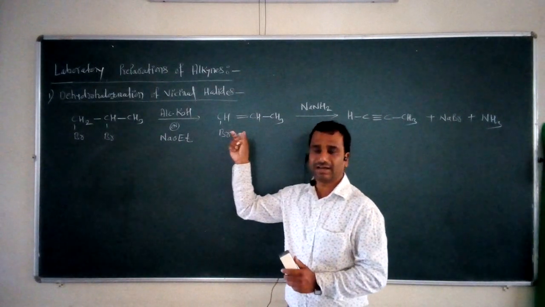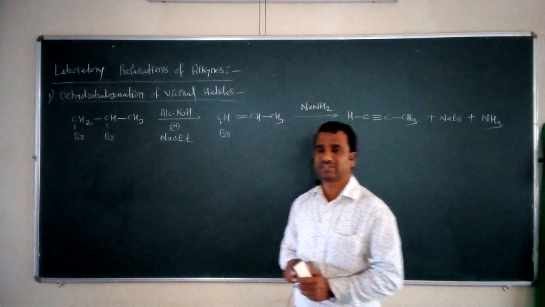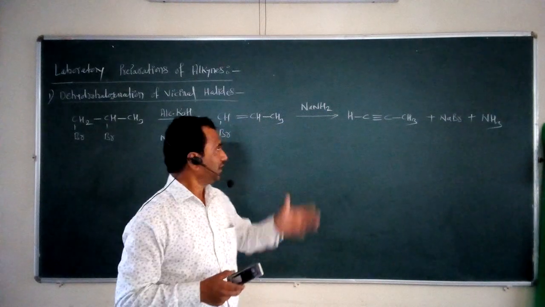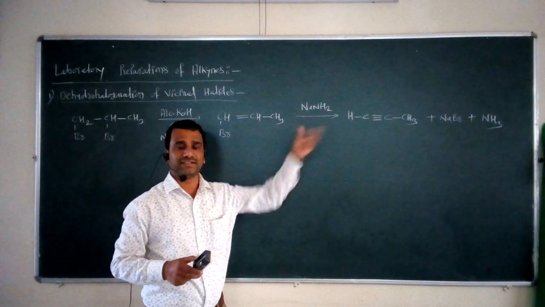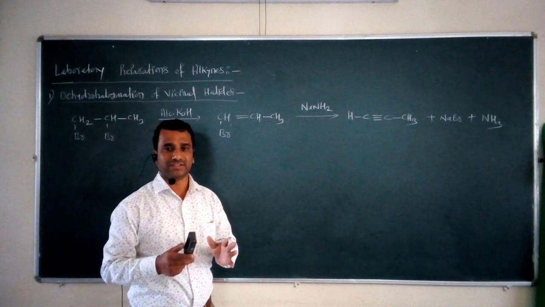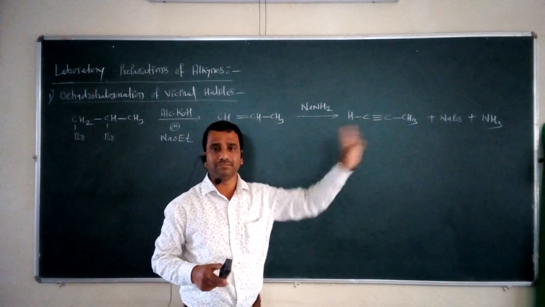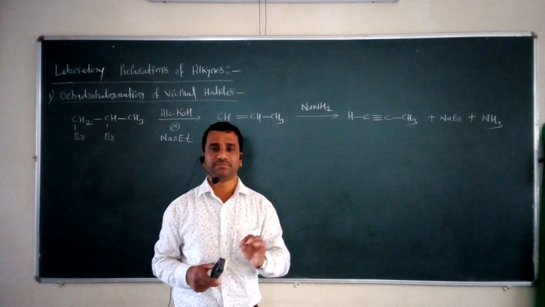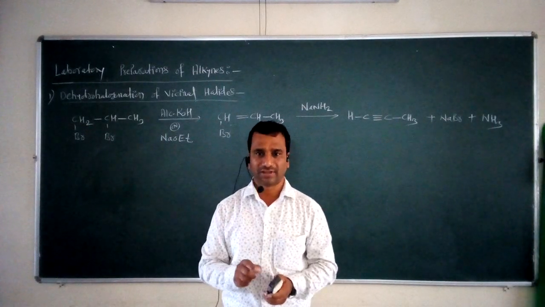After that we get alkene compound formation. This alkene can be further reacted with a strong base. I take NaNH2 as a strong base. When NaNH2 is used, you will get the formation of alkynes along with some byproducts. So this is the first simple and important method for the formation of alkynes in a laboratory.